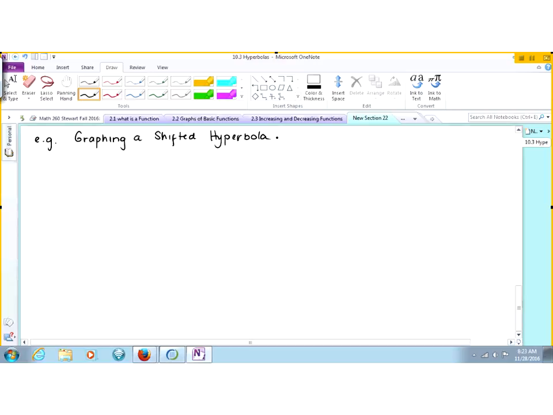This is actually an introduction to the next section. So for 9x squared minus 72x minus 16y squared minus 32y is equal to 16.